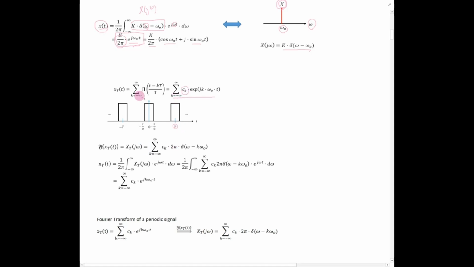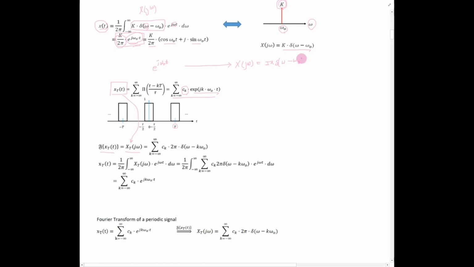Then we can take the Fourier transform of periodic signals. That will give a Fourier transform expression for the periodic signal. From here, we know that the complex exponential term e to the j omega 0 t can be converted to the frequency domain: the Fourier transform will give 2 pi times delta of omega minus omega 0.